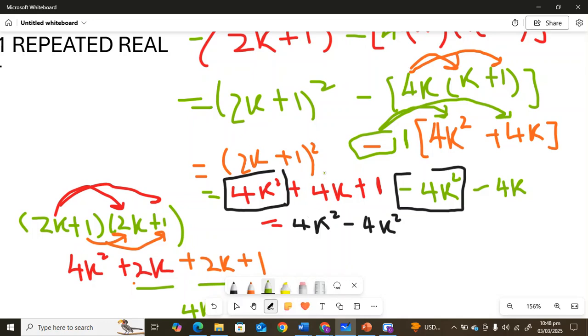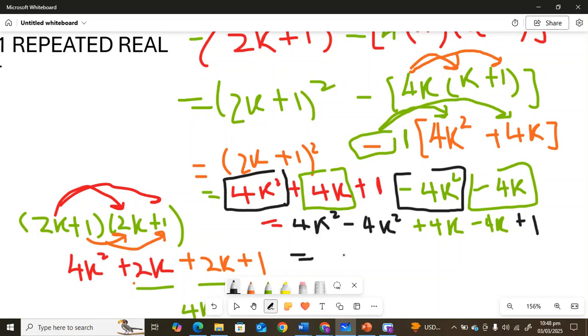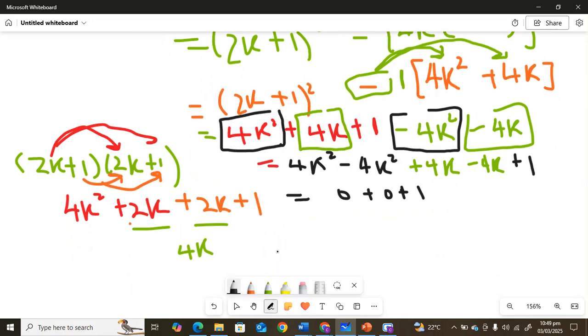The other like terms, 4k and this negative 4k here, plus 1. 4k squared minus 4k squared, 0. 4k minus 4k, 0. So your discriminant is equal to 1.